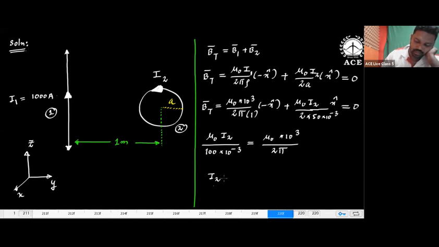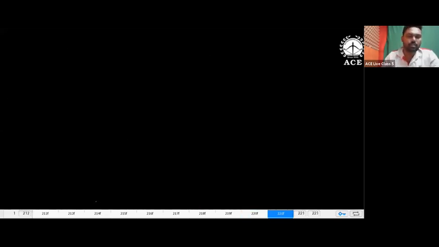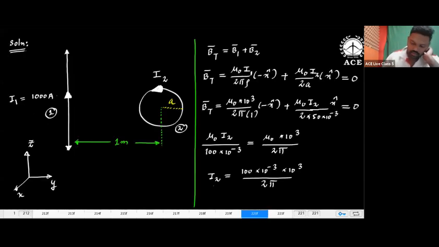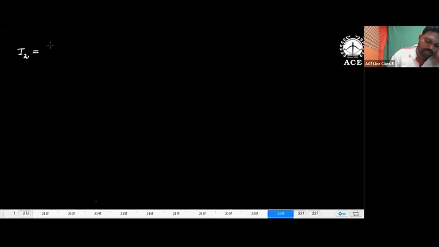So I2 is equal to 100 into 10 to the power of minus 3 into 10 to the power of 3 divided by 2 pi. So finally, I'm going to turn the page here. I2 is equal to how much, beta? I2 is equal to 50 by pi amperes.